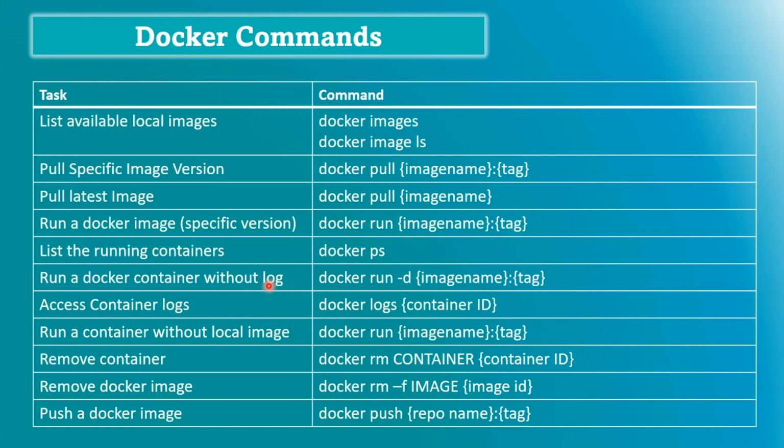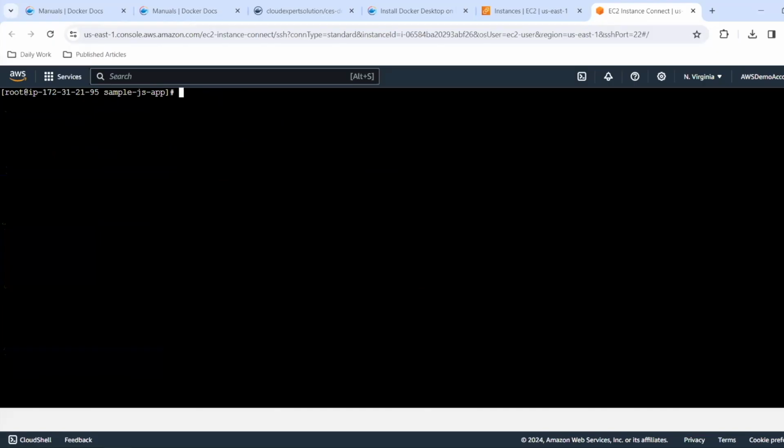There will be scenarios where you may have to see the container logs for debug purposes. Now, let's see how you can view those logs, and the rest of the commands we have already visited or practiced. So this one command remains, access container log, and let's try to access the container log first. I'm back to my EC2 console.